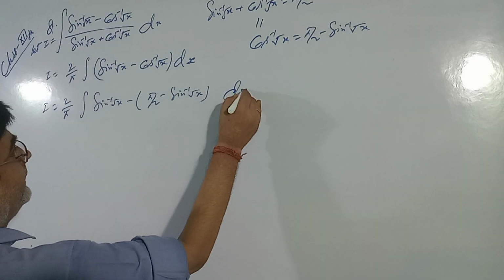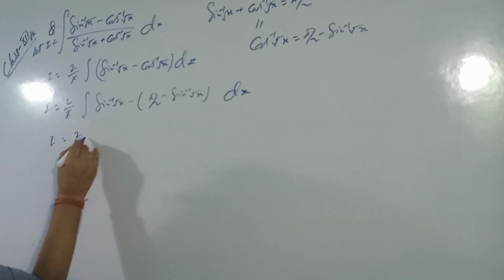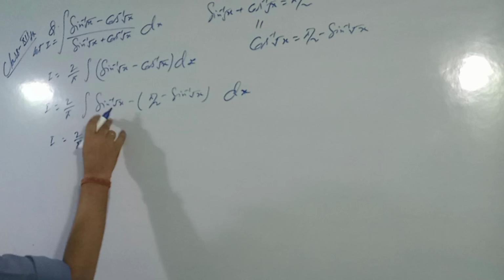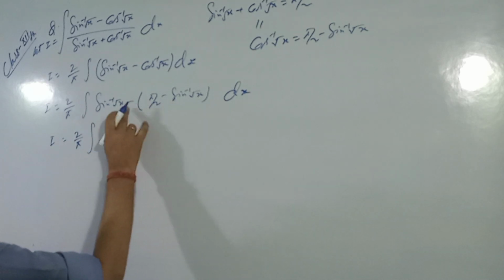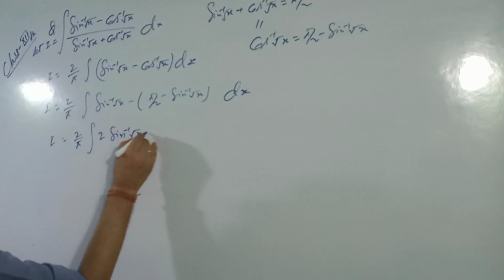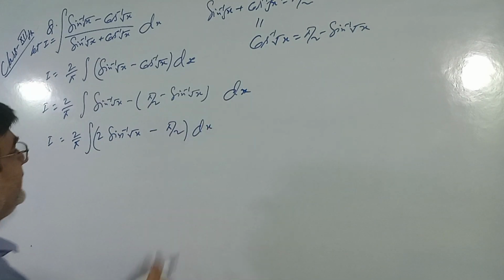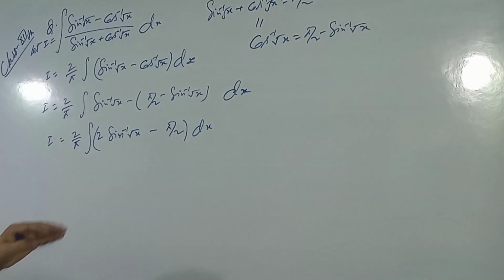Right, friends? So I equals 2 by pi times the integral of (2 sin inverse root x minus pi by 2) dx. Right, students? Let sin inverse root x integration.